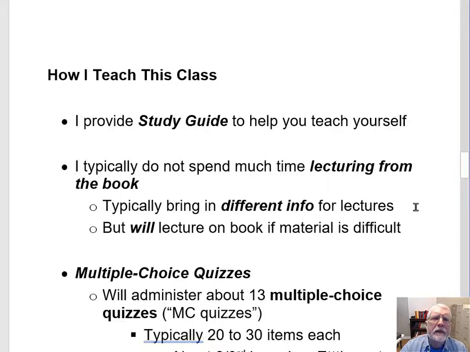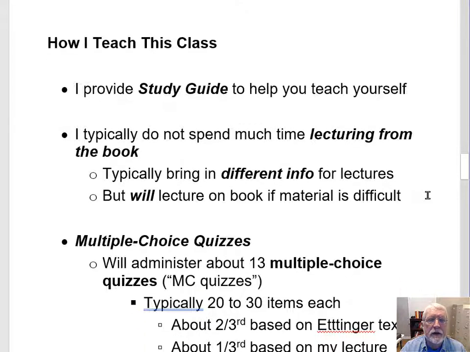I typically will bring in different information for my lectures. I'll bring in lecture material that's related to what you're studying in the textbook, but is different theory, different study, something like that. I will lecture on material as it appears in the textbook if we're in a section that's particularly difficult, like the chapter on the biological basis of psychology and that sort of thing.